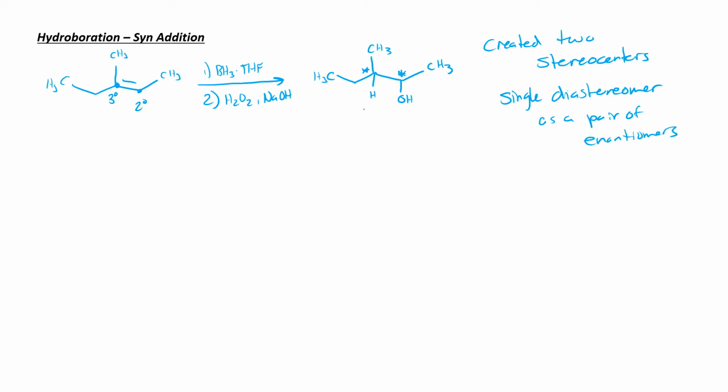Right? So the relationship between these two stereocenters is going to be the same. They will either be SS or RS, right? They'll either have the same orientation or they'll have different orientations, but they will be a pair of enantiomers. So you could have SS and the RR compound, or you could have the RS with the SR compound, depending on how this goes.